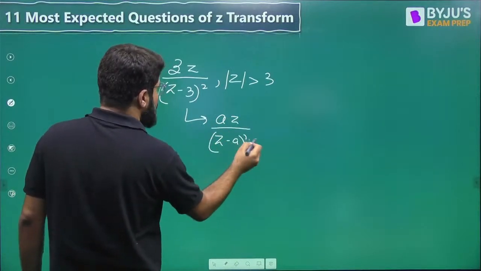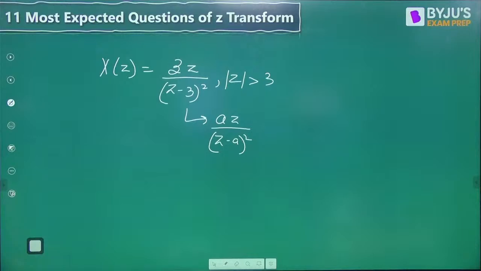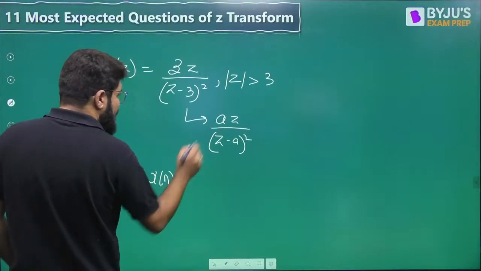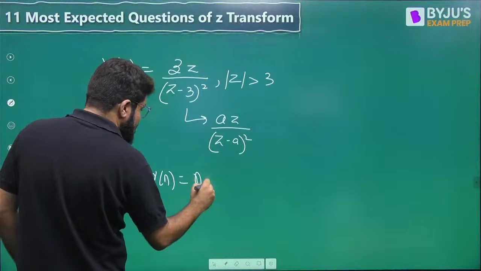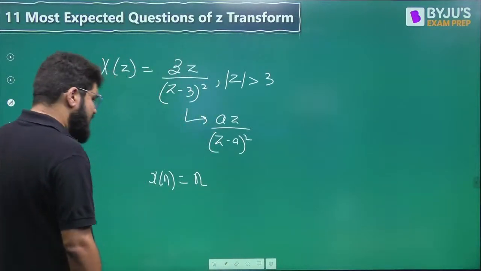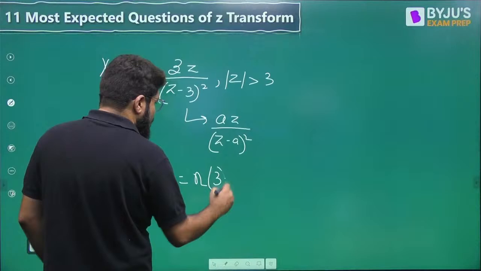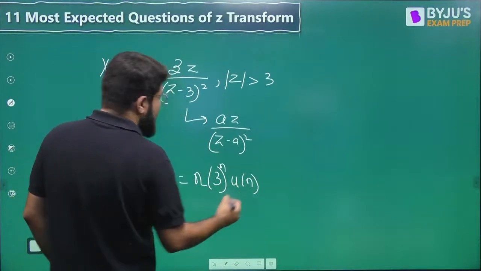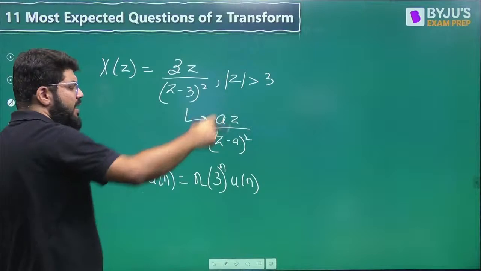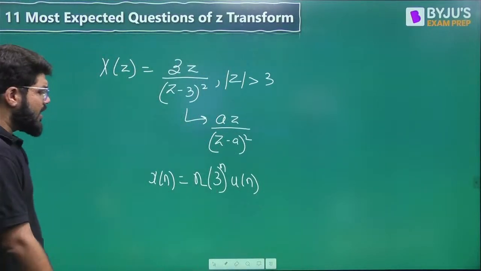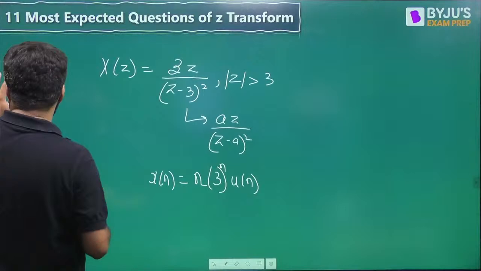Now you should be able to recall the formula. az upon (z minus a) whole square is the Z transform for n a power n u[n], where the value of a is equal to 3. So n into 3 power n u[n]. It is right sided because modulus of z is greater than 3, that is why it is right sided with unit step. Is that okay? So n 3 power n u[n]. So what should be your answer?